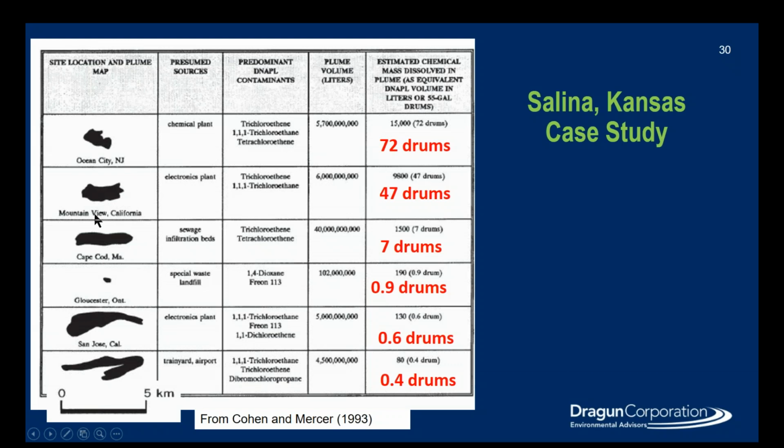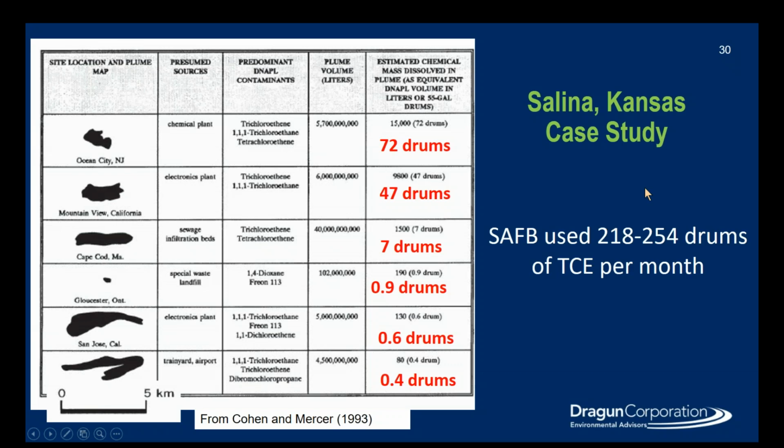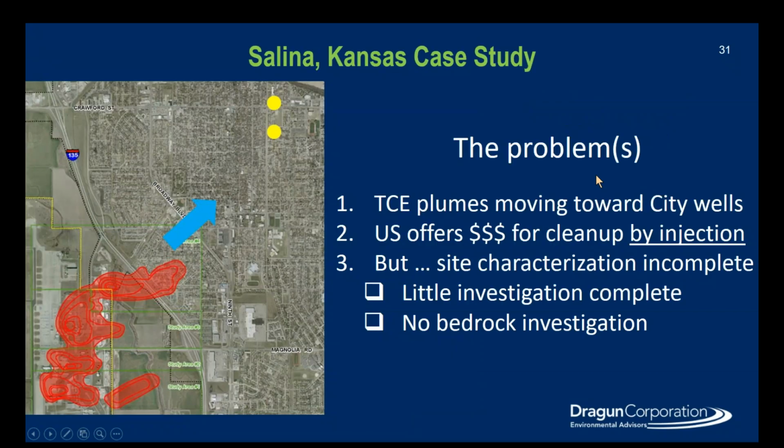And this one in Cape Cod, Massachusetts used 7 drums. In Salina, they used 218 to 254 drums of TCE per month. They used a massive amount of chemicals that basically part of it evaporated, but a lot went into the ground.